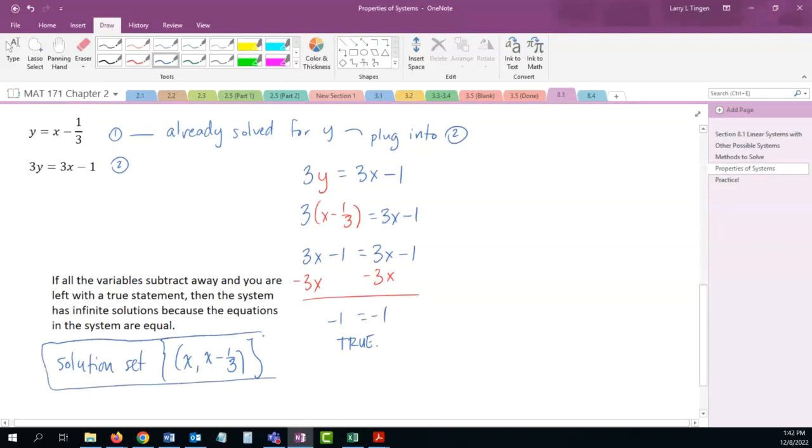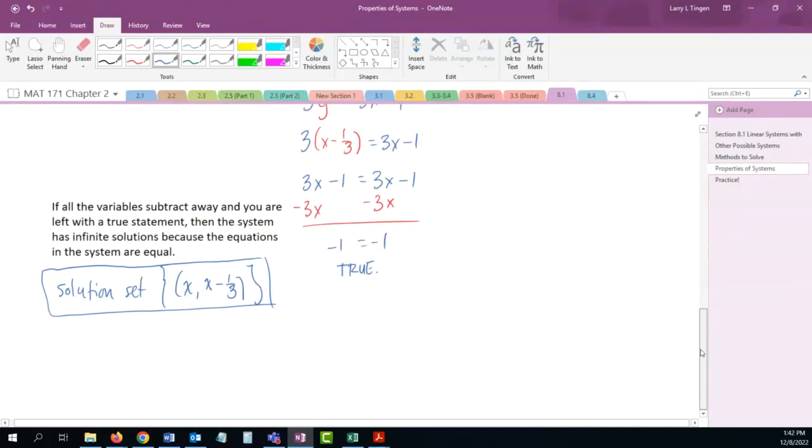Why do I hand it off like that? Because if you tell me what x is, I can tell you what y value works, right? If you give me x is 0, I know y is 1/3. If x is 3, then y needs to be 3 minus 1/3. And all of those points are solutions. All right, questions?